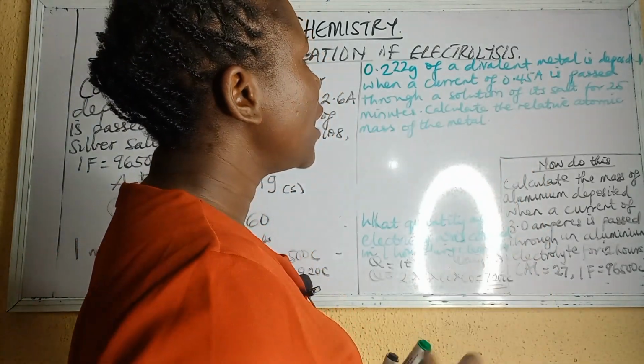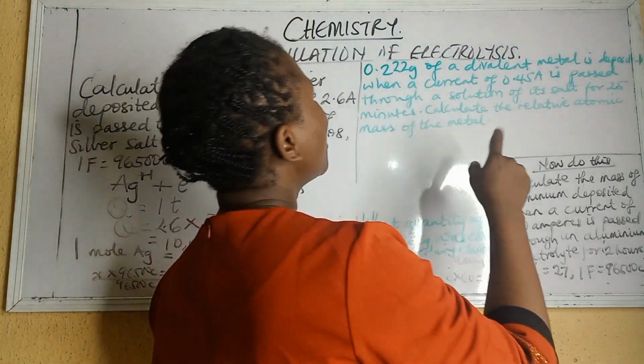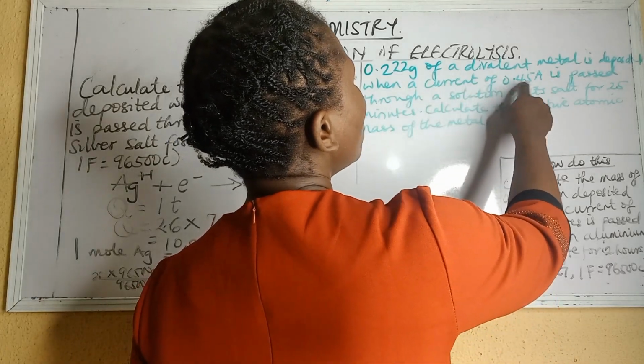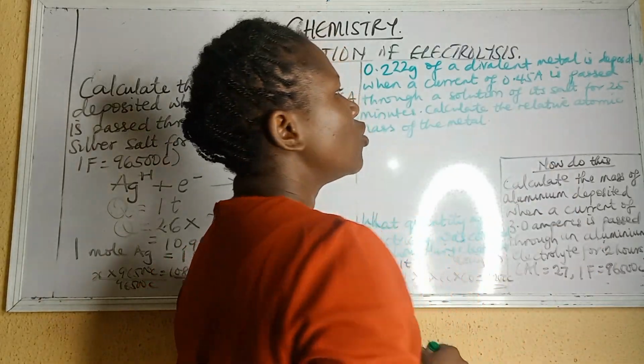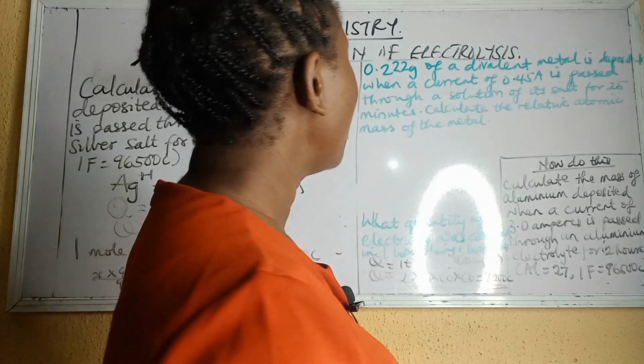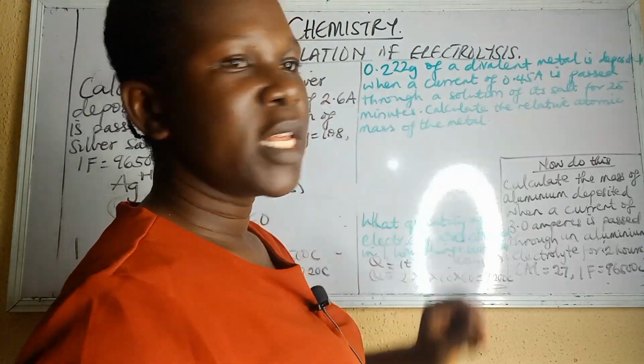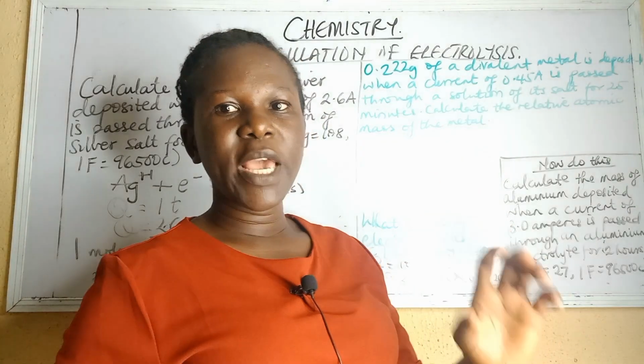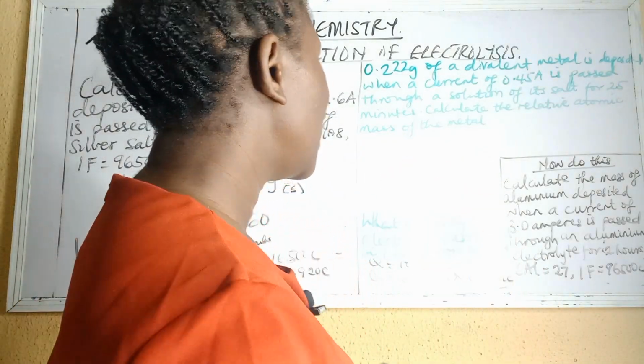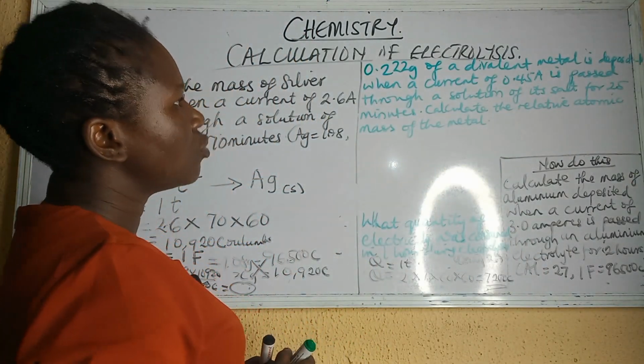It is deposited when a current of 0.45 ampere is passed through a solution of its salt for 25 minutes. So these 2 pieces of information, 0.45 ampere and 25 minutes, will lead us to the quantity of electricity that was passed through it.